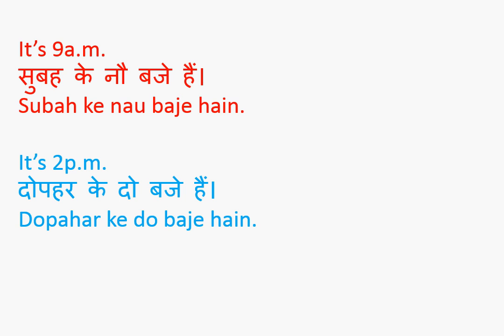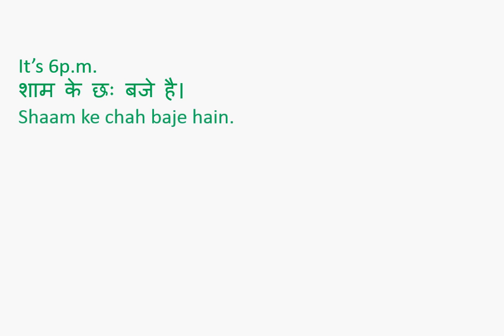Yeah. So, दोपहर के 2 बजे हैं. Then, evening. What's evening? शाम. Right? शाम के 6 बजे हैं. शाम evening.